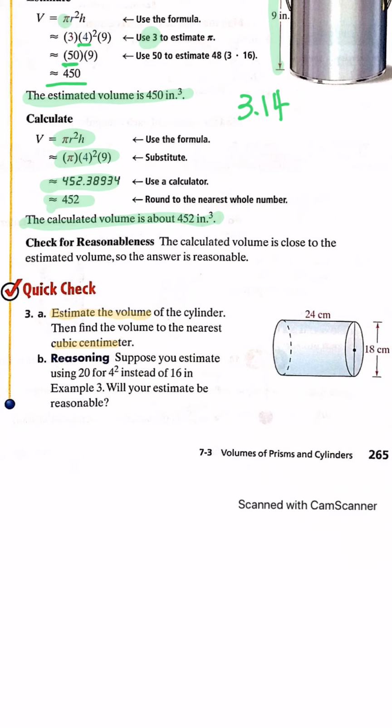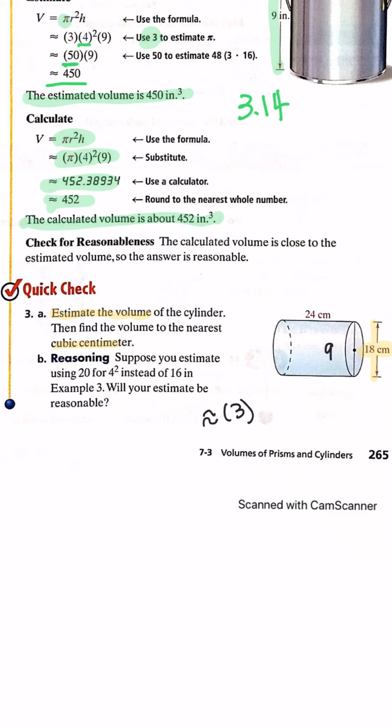Okay, so let's just break this down from what we know. So we first need to know the radius. Well, guess what? It doesn't give us the radius. It gives us the diameter, the entire length. The radius is half of that. So what is half of 18? 9. So we're going to go 3 for pi because we're estimating.